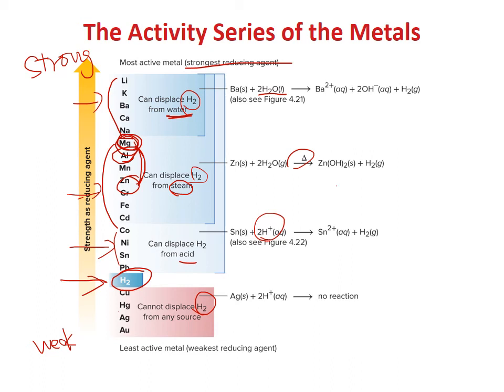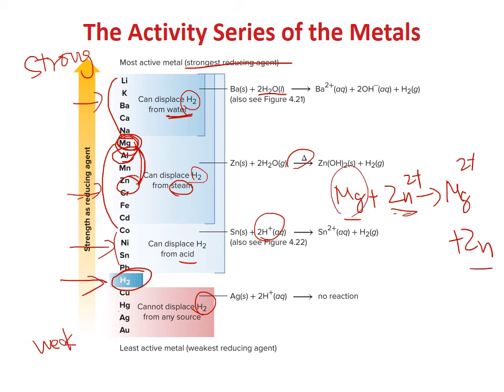For example, if you place a magnesium bar inside a solution containing zinc cation, then magnesium dissolves, becomes magnesium ion, and the zinc ion becomes zinc metal. In other words, magnesium displaces zinc from the zinc ion solution, because magnesium is a stronger reducing agent than zinc. It can reduce zinc cation to form zinc metal.